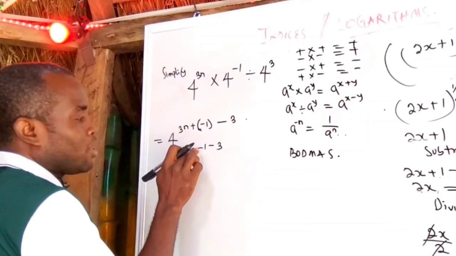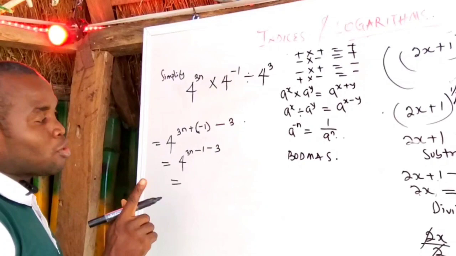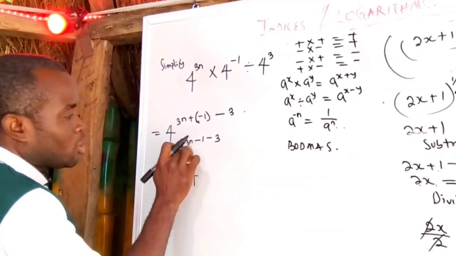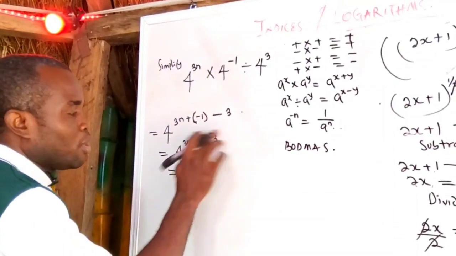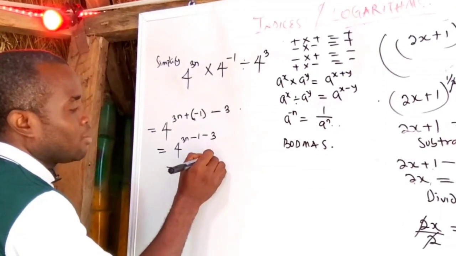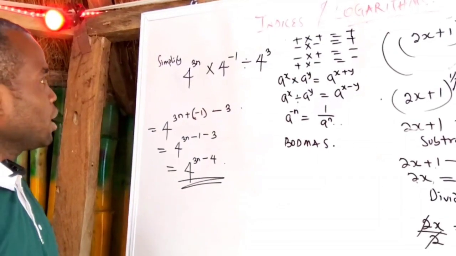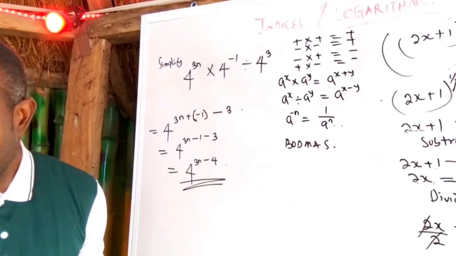That means minus 1 minus 3 is minus 4. This one does not have any variable, so the variable here is 0. So you have 3n minus 4. So this is the simplified form of this equation.